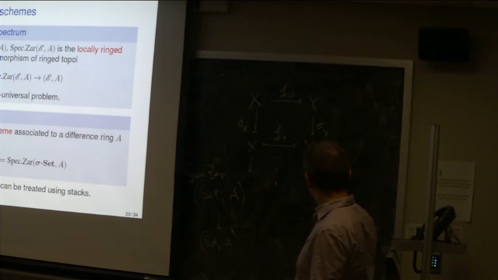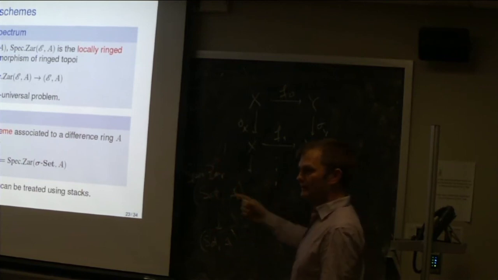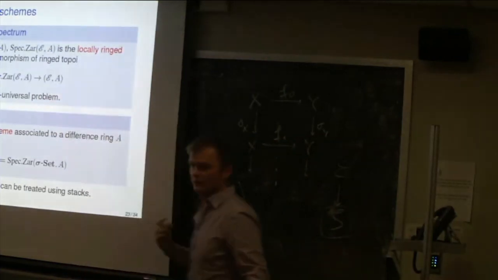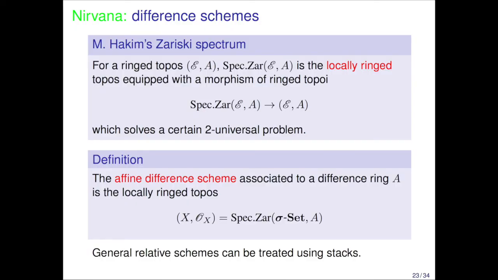But when you work in something like sigma sets, then it's crucial that you have this geometric morphism into it. So with this Zariski spectrum, you start with a ringed topos, which just means you have a ring object, and this produces a locally ringed topos, which means that this ring living on it is going to be local in the internal logic of that topos.